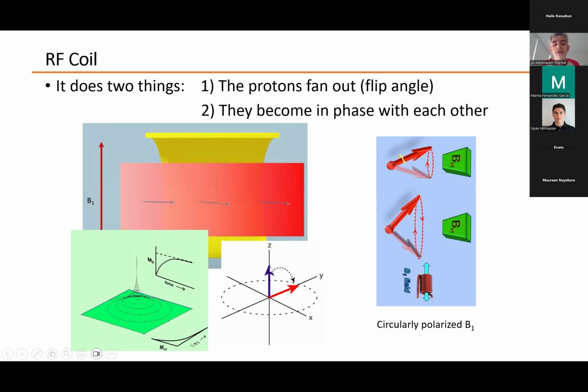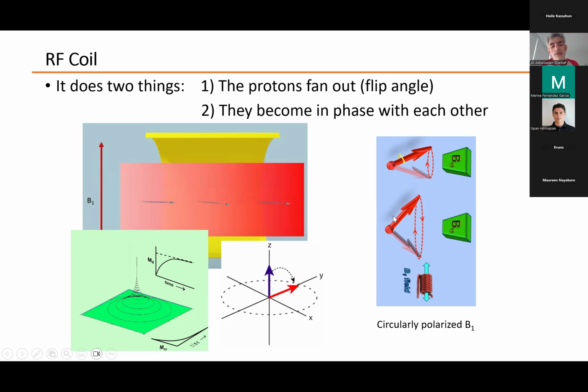Because when the proton is almost along the z direction, we cannot pick up any signal, because the B0 field is so strong that we can't get any signal from the protons aligned with the B0 field. So we have to push it away from the B0 field.